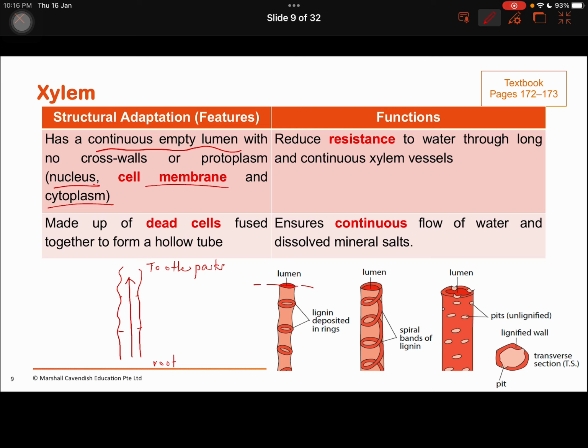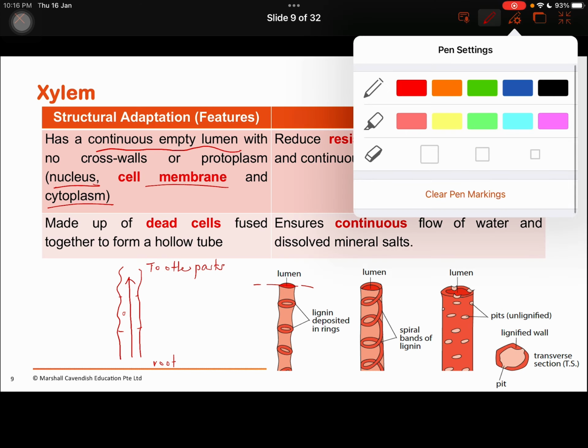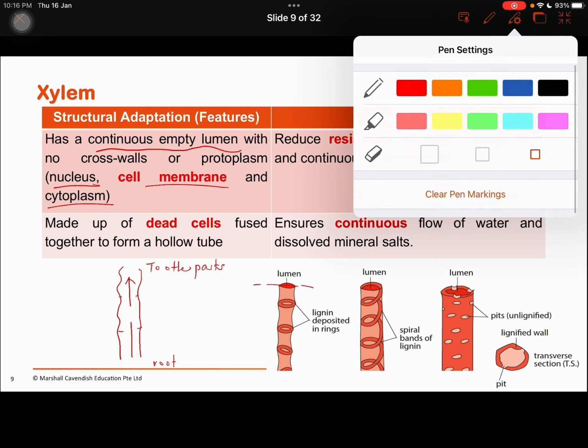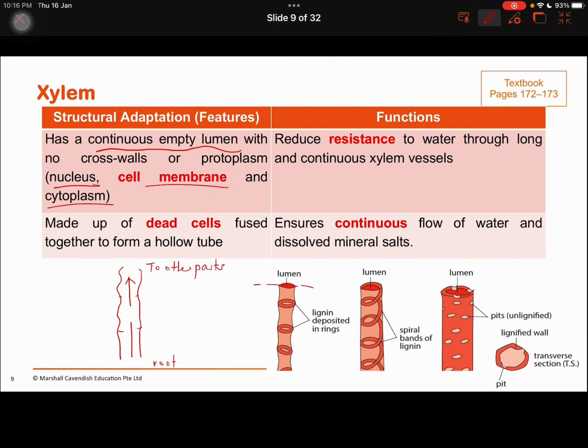So there is no cell membrane, no organelles inside the xylem, in order to make space and allow water and mineral salt to flow smoothly through the xylem vessel.